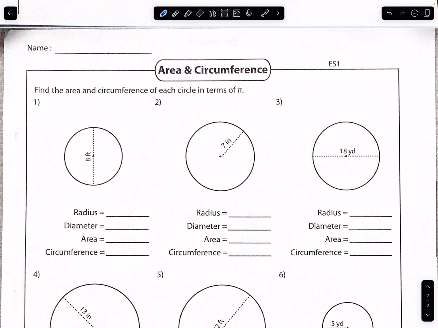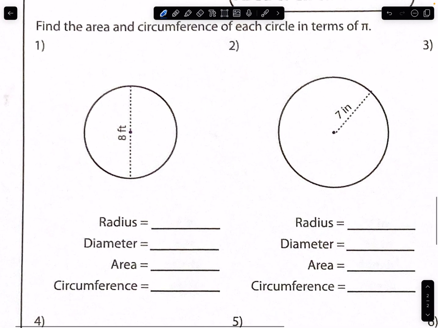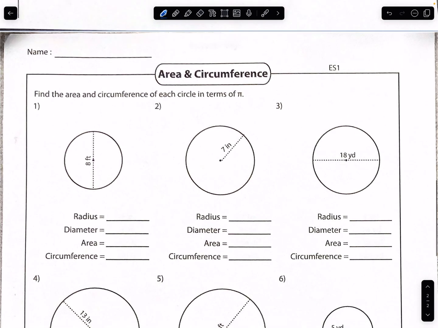But we're going to take this up a notch and apply it to a geometry situation. So we need to write a couple of formulas up there. Circumference equals 2 pi r, or circumference equals pi times d.